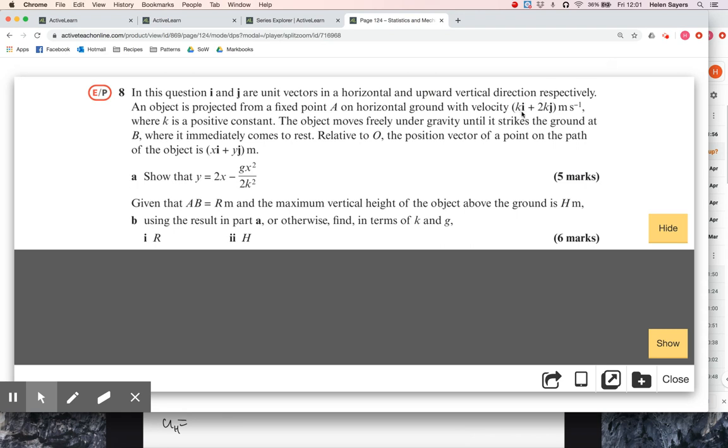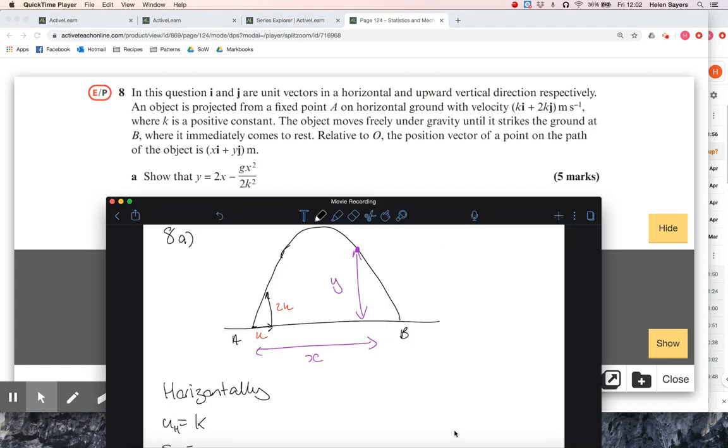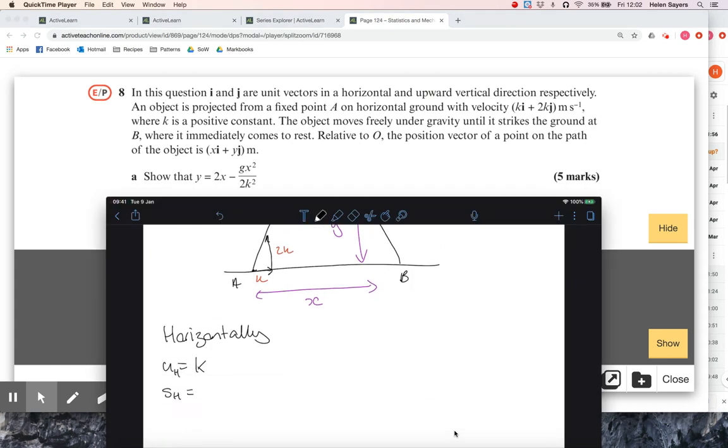So the velocity is k. You can't see my screen. Right, so horizontally, the velocity is k from that vector. The displacement horizontally, they're telling me to call x.